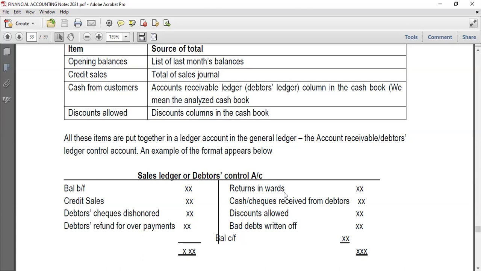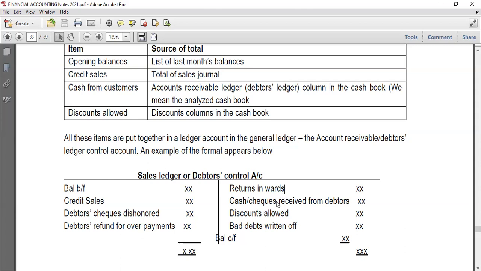Why? Because for any goods that have been returned, we don't have to receive a payment for them, okay? Basically, they have been returned. Because within our debtors account we had debited this sale in their account, in case they are returning, we have to credit their account to take into consideration the goods that have been returned, the goods which they will not have to pay for, basically to net off their balance, okay?